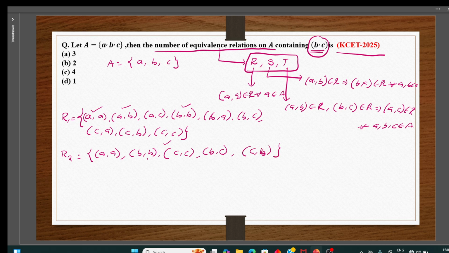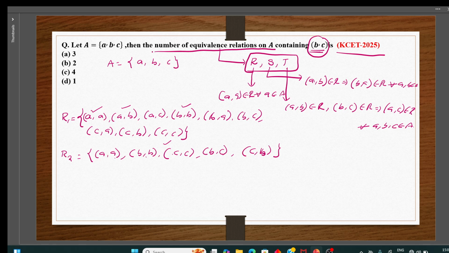Check symmetric: (b, c), (c, b), symmetric. Check transitive: (b, c) and (c, b) give (b, b); (c, b) and (b, c) give (c, c). So transitive is also satisfied.